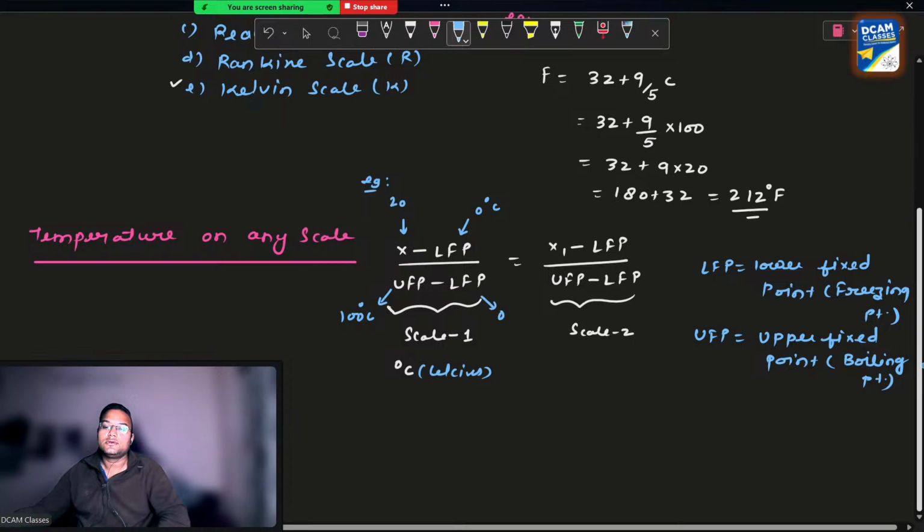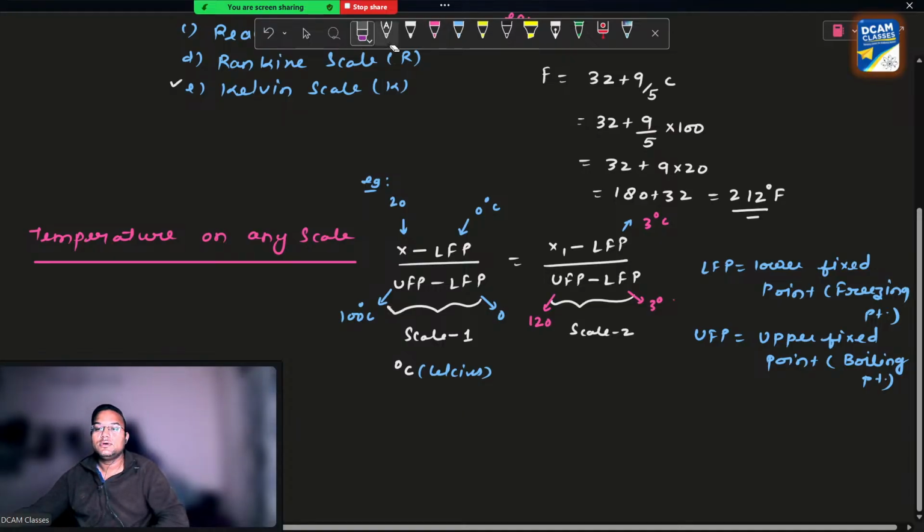To convert into any other scale for which you know the lower and upper fixed points, suppose the new scale has a lower fixed point of 3 and an upper fixed point of 120.